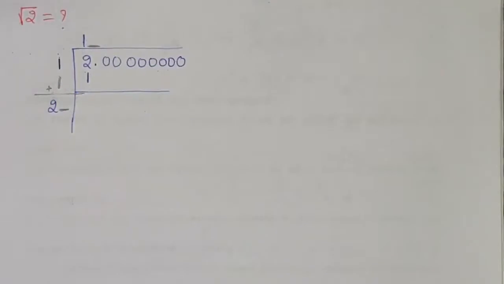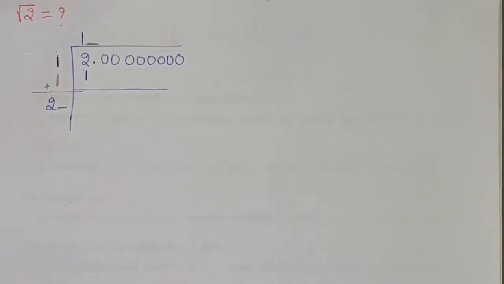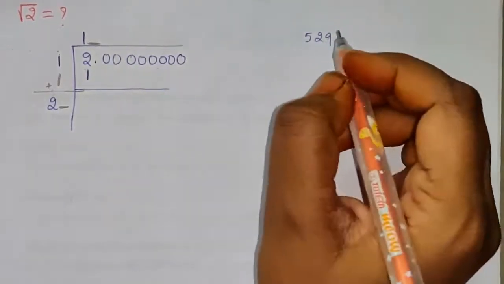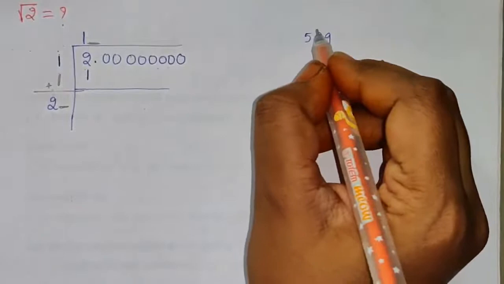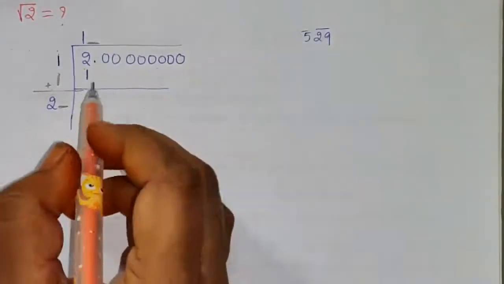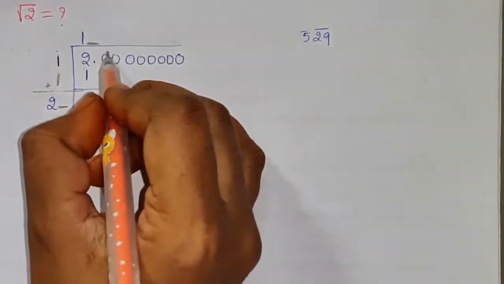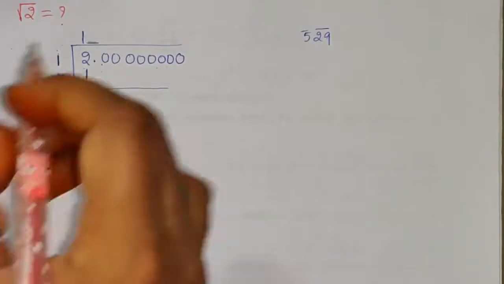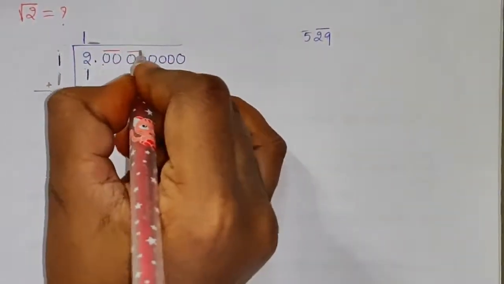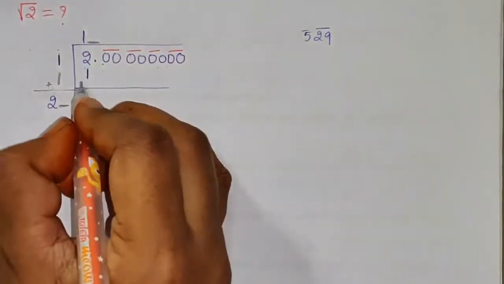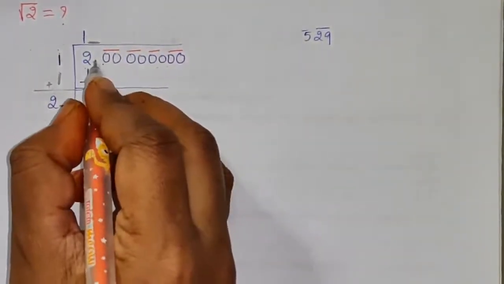You should also remember that in a normal number, like 529 in the previous example, we put a bar over pairs of digits from the right side. But with decimal numbers, you have to put the bar after the decimal point, from the left. First one, second one, third one and fourth one. If any 0 is left, you have to leave that 0. Now when you subtract, you will get 1, and it is the decimal point.